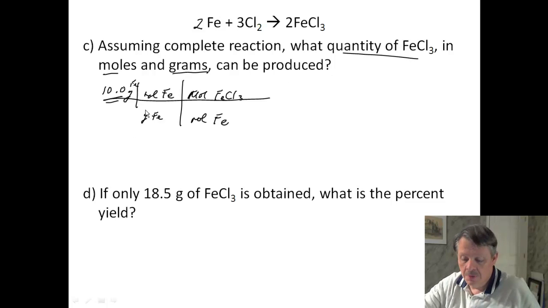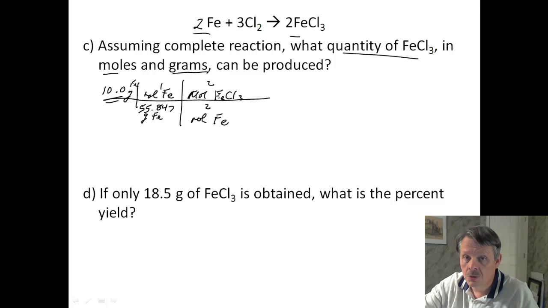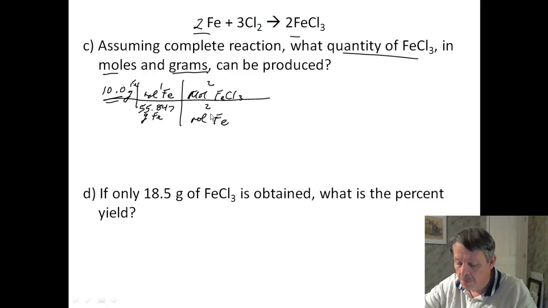If I do the math here, my grams of Fe, we already know that's 55.847 in 1 mole. And my Fe to FeCl3 is a 2 to 2 relationship, so the 2 and the 2 cancel each other out. So this is essentially 10 over 55, which gives me 0.180. Again, notice 3 sig figs, moles of FeCl3.